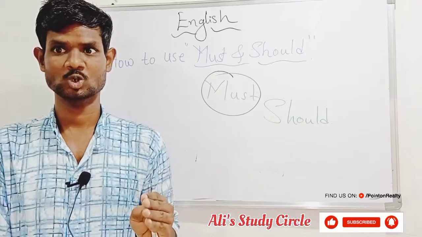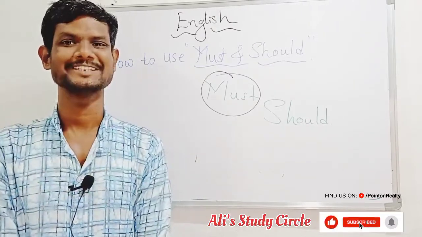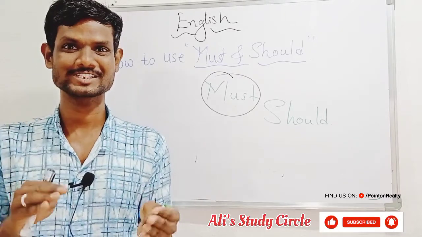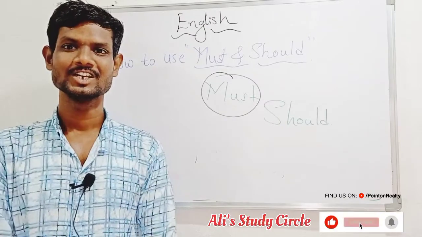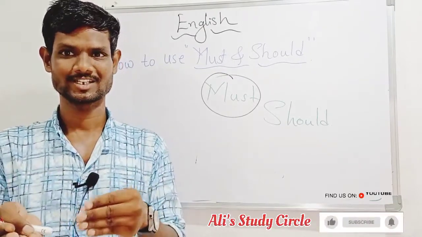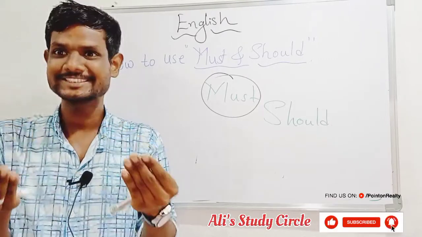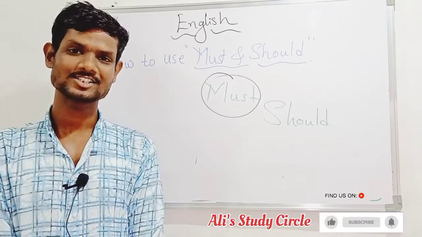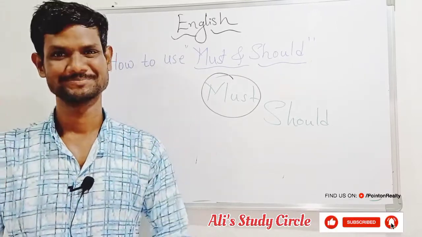should is also used for probability. It is one type of probability, obligation, used as advice or recommendation or condition, and also exceptional mood.